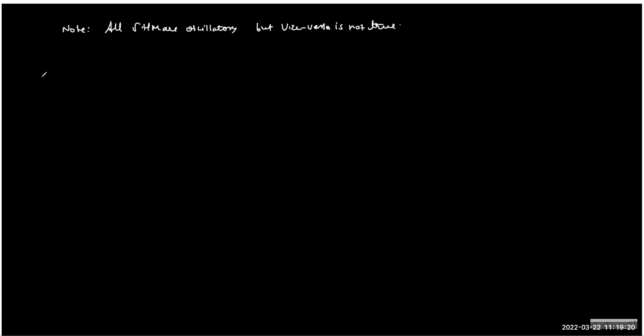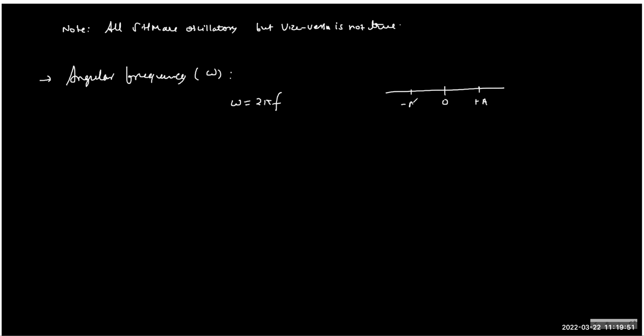So the other definitions are very famous, like angular frequency. We write omega, and how do we define omega? Omega is defined as 2 pi times the linear frequency. If you make to-and-fro motion about a mean, it will take some time to complete one oscillation.